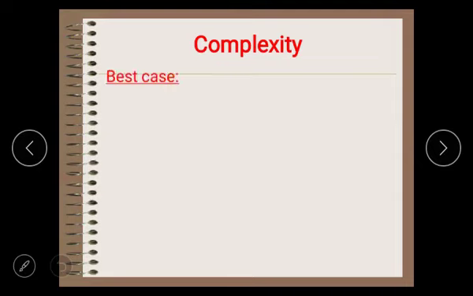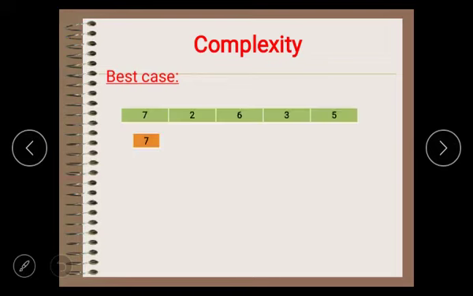In the best case time complexity, the item that we are looking for is at the first position of the array. For example, let me take an array. Here I want to search the element 7 from the array. Just compare the element 7 at 0th position.